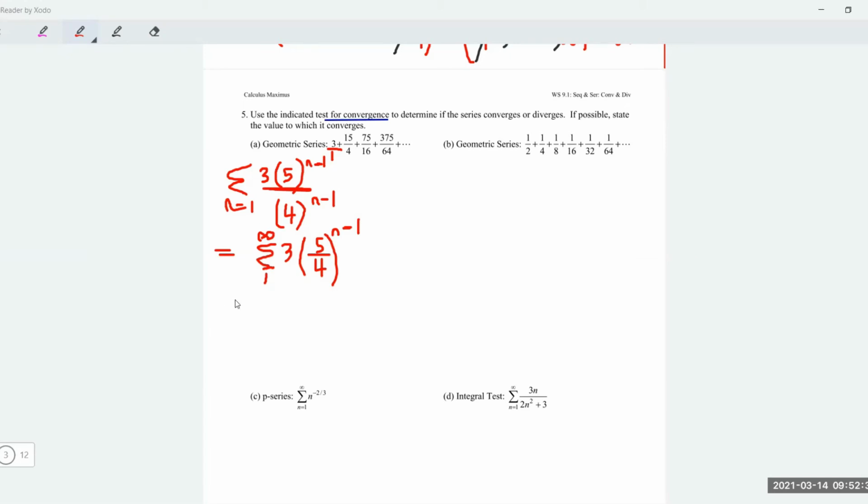The limit as n approaches infinity of the nth term is the limit of 3 times 5 over 4 to the n minus 1.